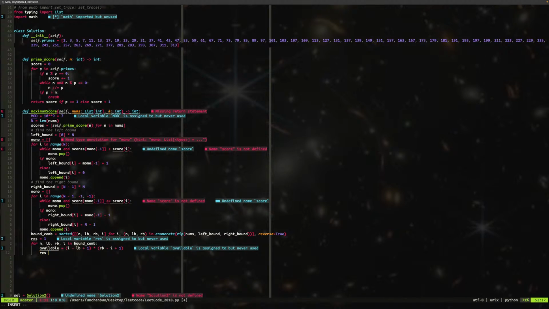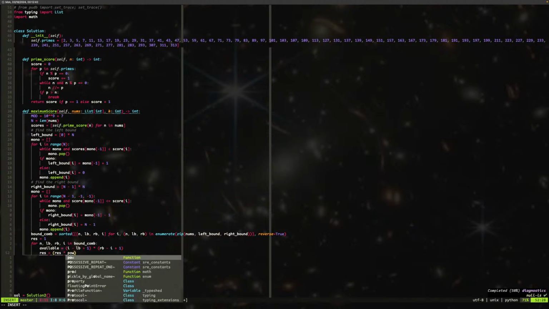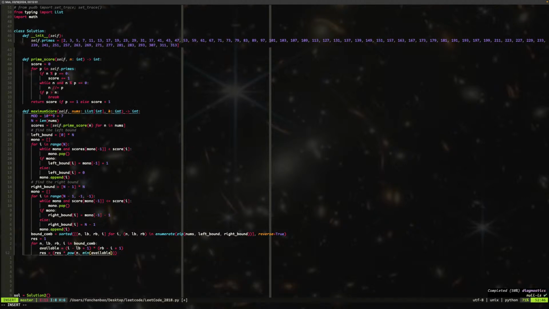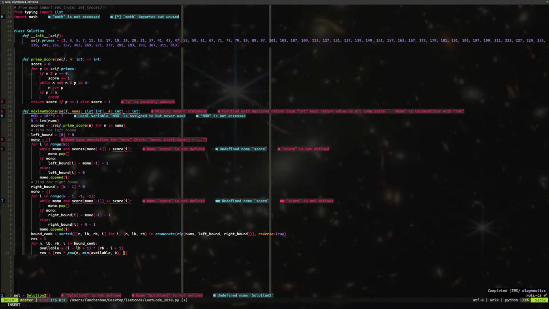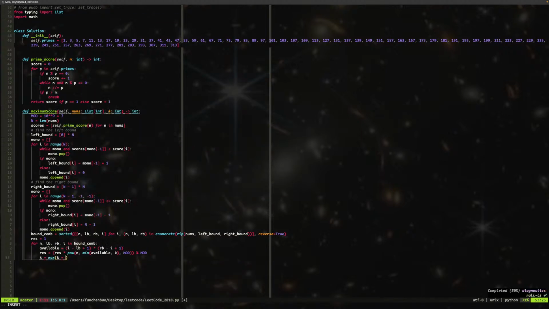I should say res equal to res times power, base is n, exponent is available, minimum of available and k, with a mod, and then k shall equal to maximum k minus available, right? I might as well just go theoretically.